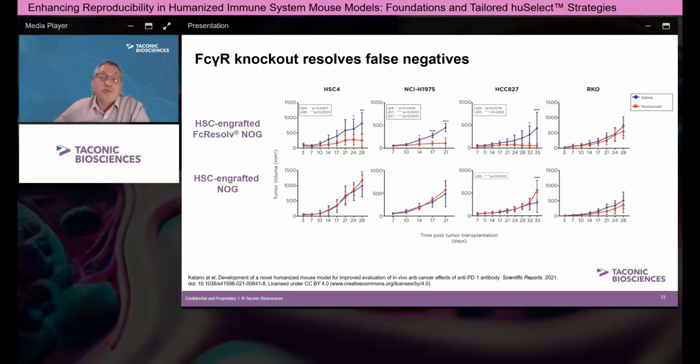In contrast, 3 out of the 4 tumors all responded to nivolumab with tumor growth inhibition in the absence of those murine Fc gamma receptors. Here again, giving you not only more confidence that what you're seeing is real, but actually enabling you to see that therapeutic response, because those Fc gamma receptors really can't interfere.